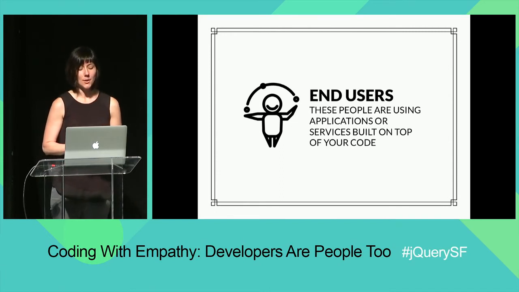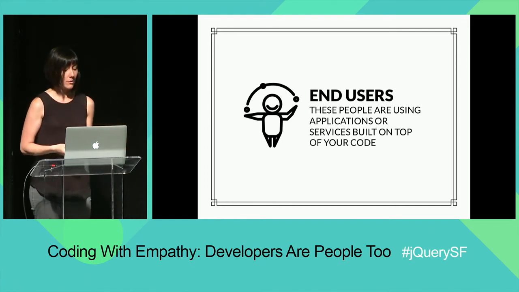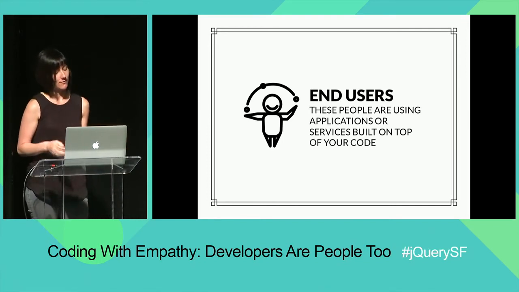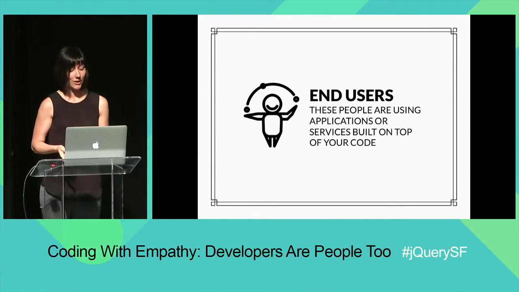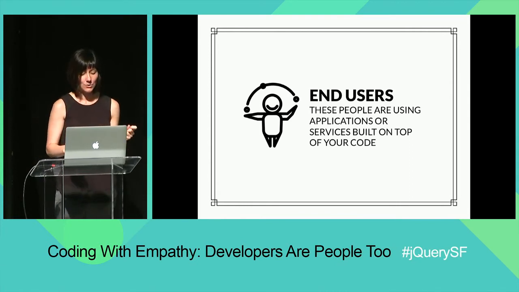An end user here might mean another developer consuming a service, or it might mean someone using an end piece of software like a website. So to use the same example as before, let's say you work on a JavaScript framework and someone builds a website using your framework, and there's this end user out there who's using that website.